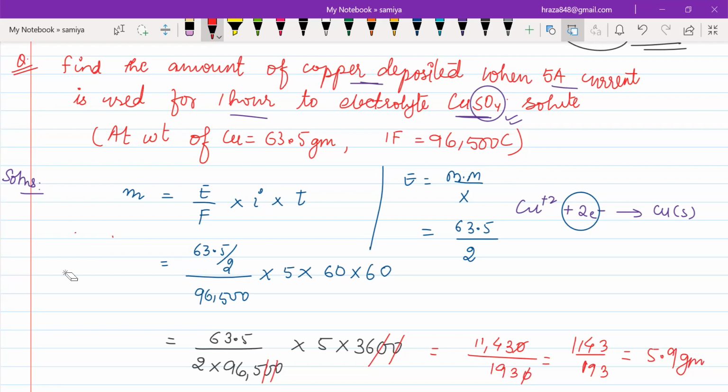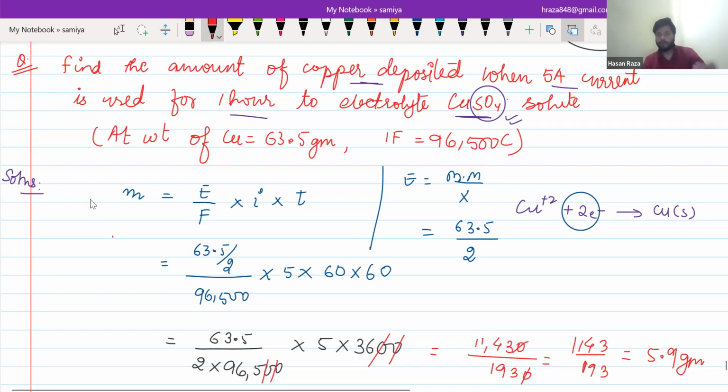Sir, I think somewhere in the calculation. So basically we have two methods to solve this. The first method is by applying the formula, and the second method is a short trick to solve it in a very short duration of time. Please write it and let me know. Then I'm going to use another trick.